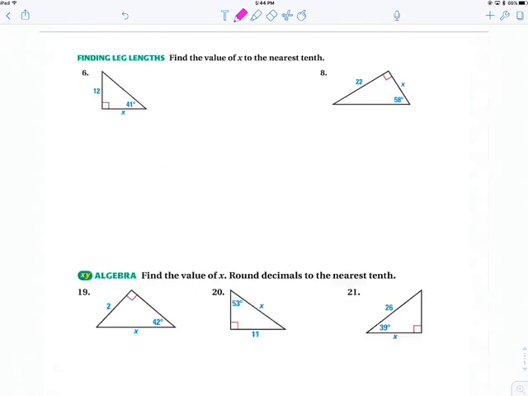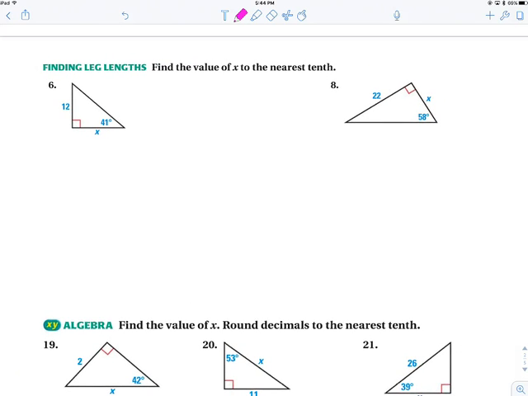Okay, so let's go down here and actually use this, okay? So first things first, in reference to this angle, I'm going to find x, so I'm going to label my sides. In reference to 41 degrees, this is my hypotenuse, always. This one is the opposite. This one is the adjacent.